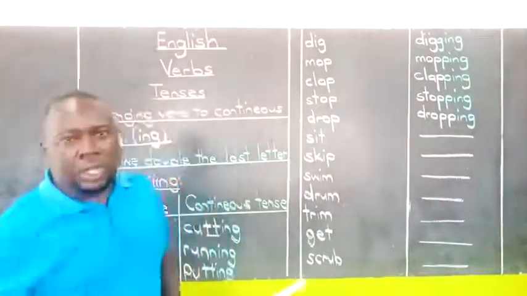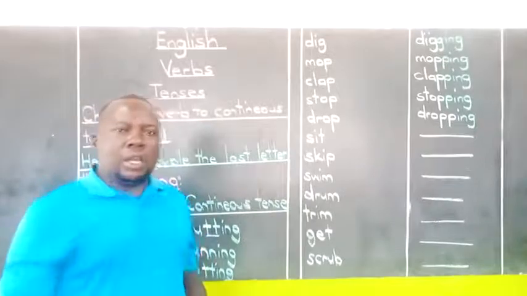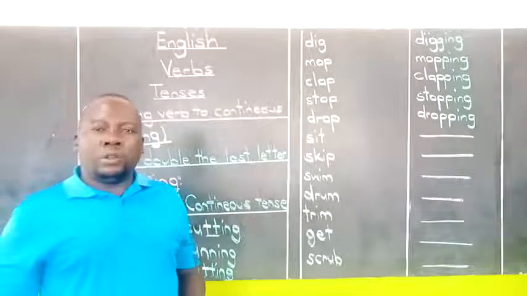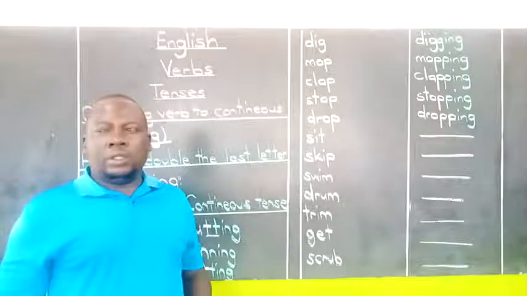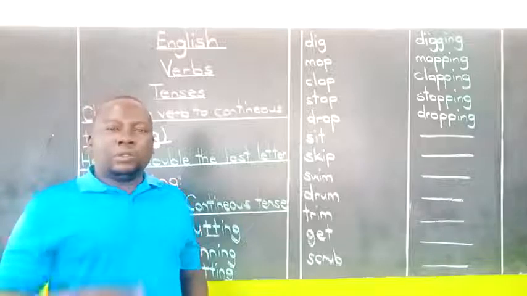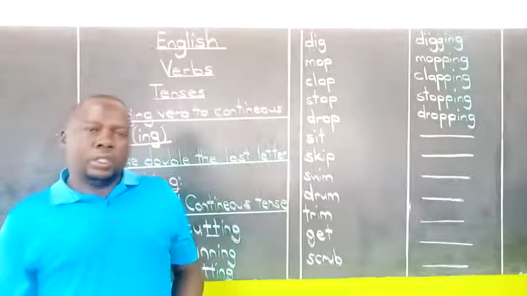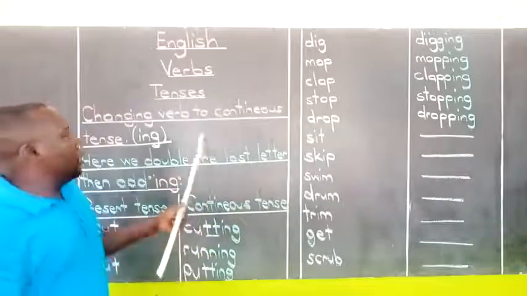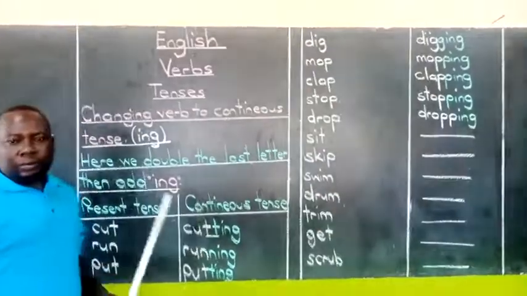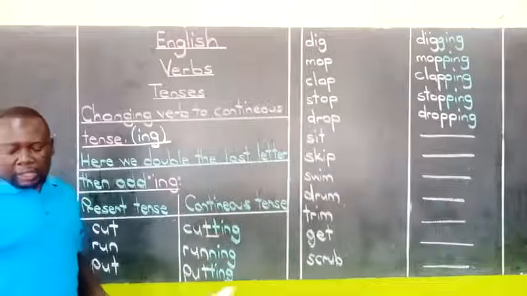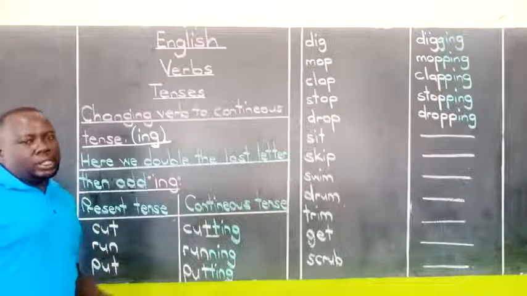And more verbs that you can give. Ask your elder sister, your elder brother, your uncle, your auntie to give you more verbs that are under this group here, where we double the last letter in continuous tense.